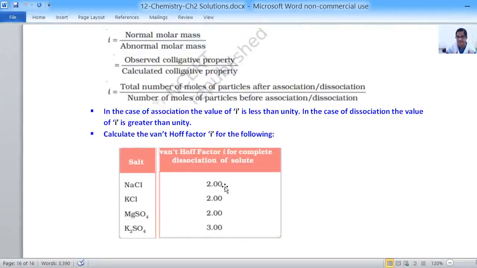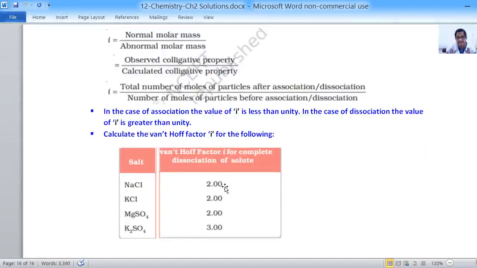In the case of KCl, it will split as K+ and Cl-. So 1 K+ and 1 Cl-, and the total number of ions is 2. So the Van Hoff factor i for complete dissociation of KCl is 2. Now in the case of MgSO4, magnesium sulfate, it will split as Mg2+ and SO4 2-.